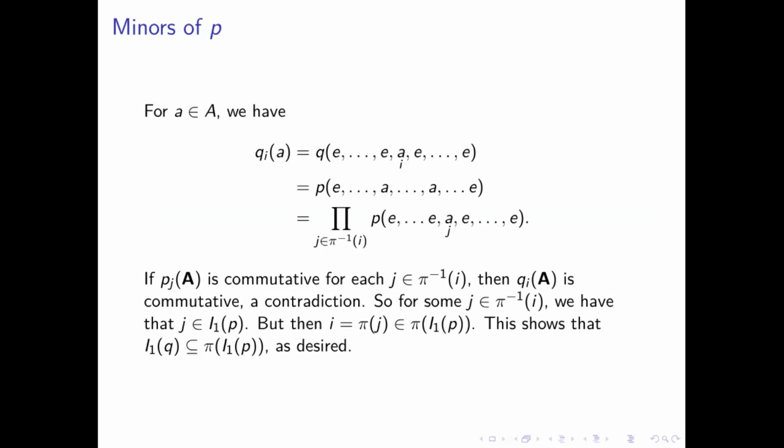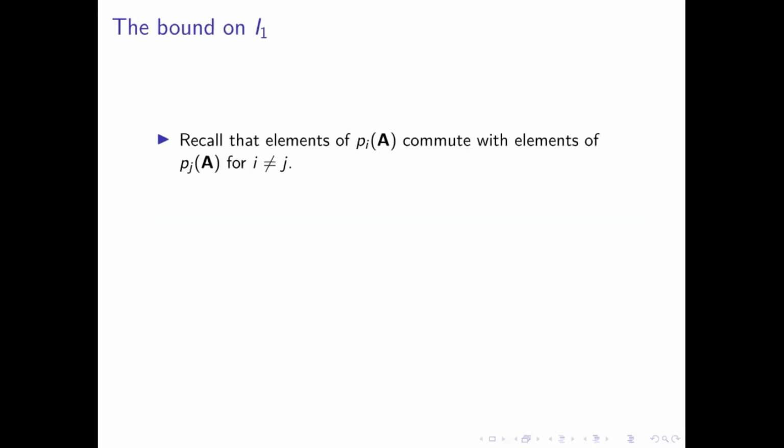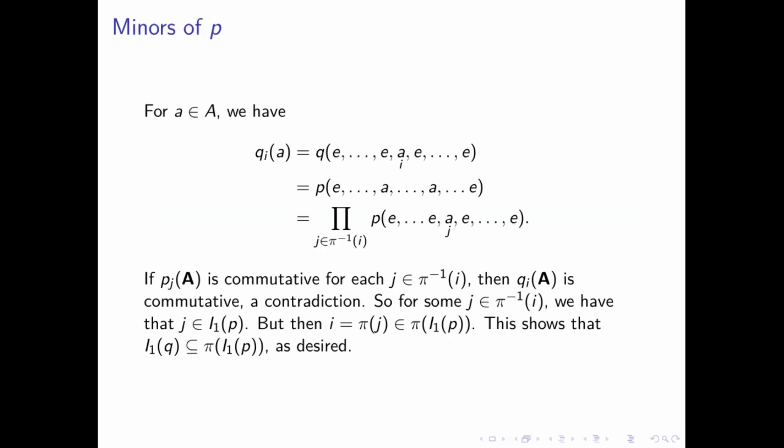Okay, so the last part just means exactly this, that I1 of Q is indeed a subset of pi I1 of P as desired. So this gives you the little piece of the selection function. Again, for the more general case, I don't have time to talk about the bound.